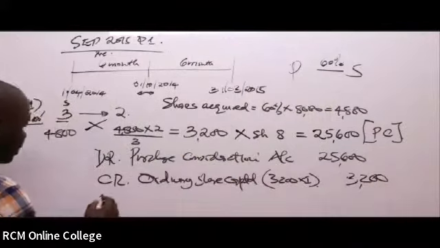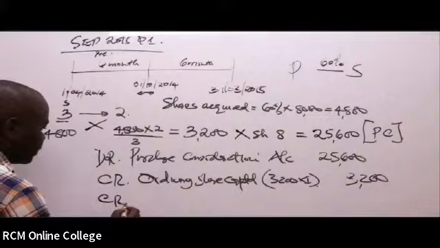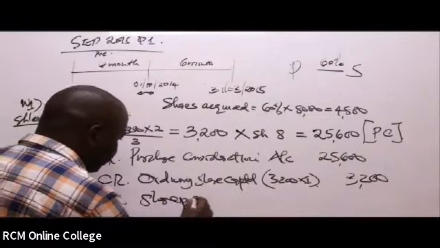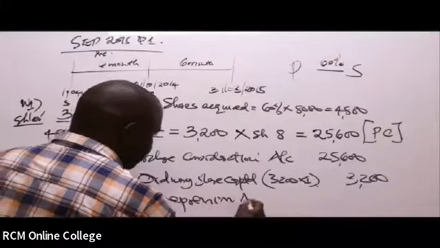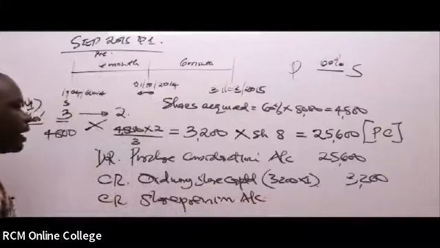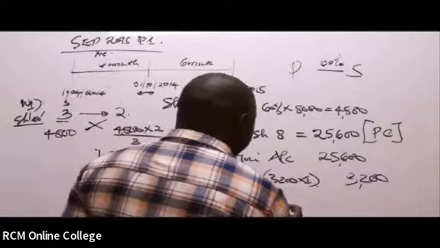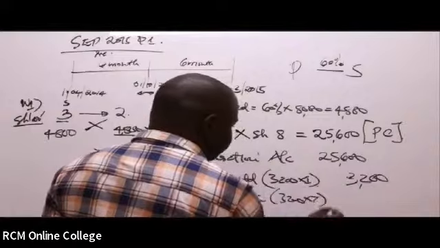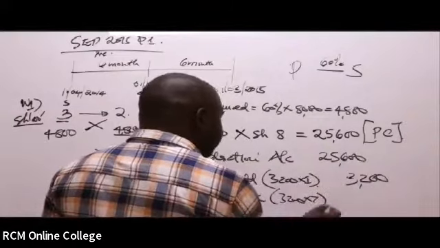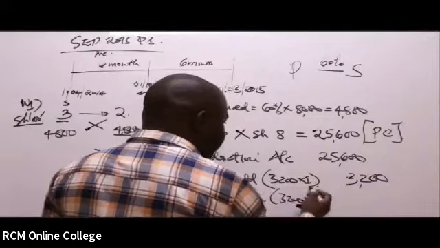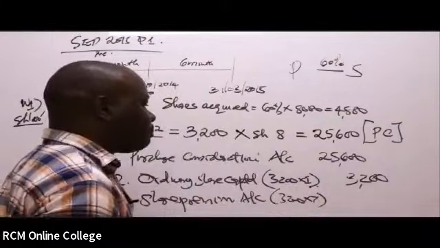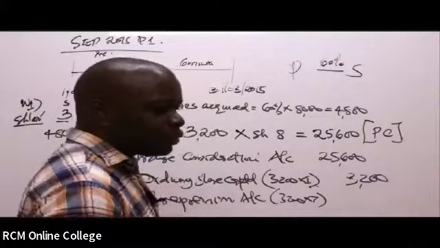But in the share premium account, there was that amount over and above the par value, which is 3,200,000 multiplied by 7. The par value goes to the ordinary share capital, and the extra amount goes to the share premium account. It comes to 22,400,000.